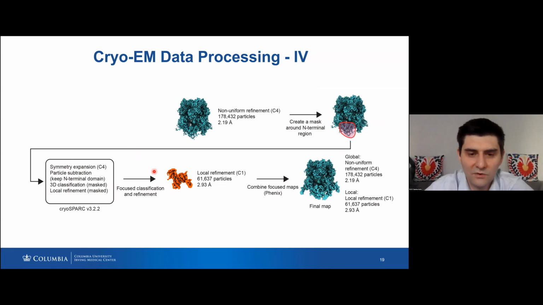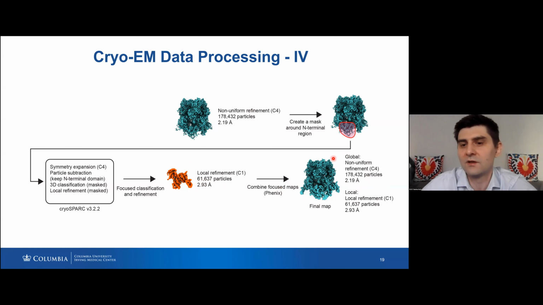After that I got a very well resolved lower part of the TRPV channel, at a resolution better than 3 angstrom. And after that we combined both the map for the whole channel and the lower part for these regions into one final map in Phenix.